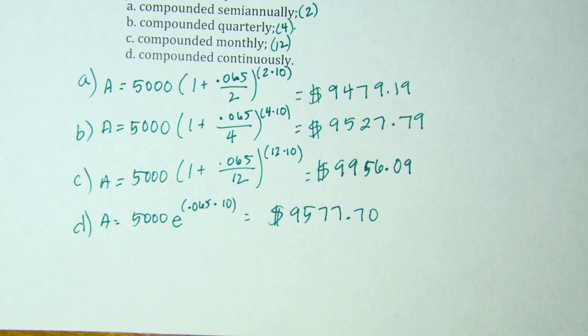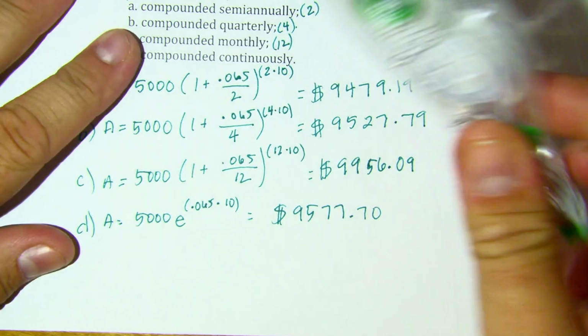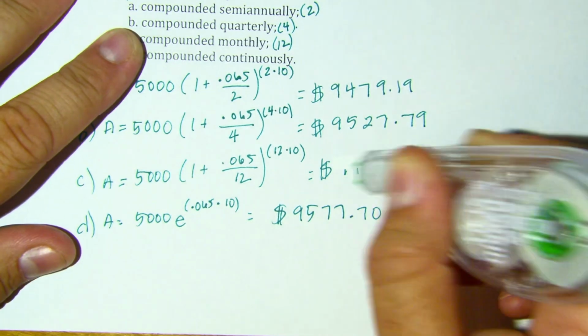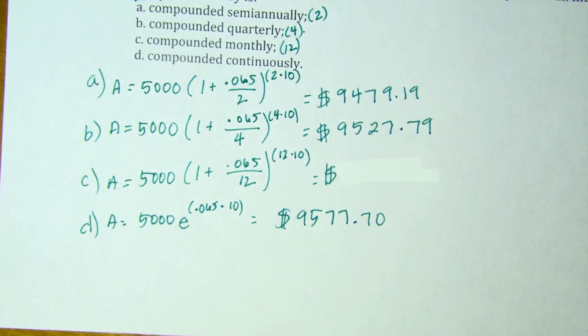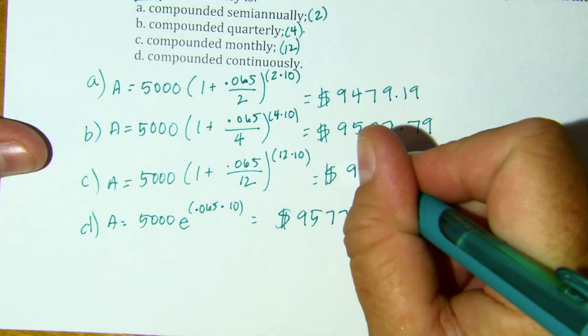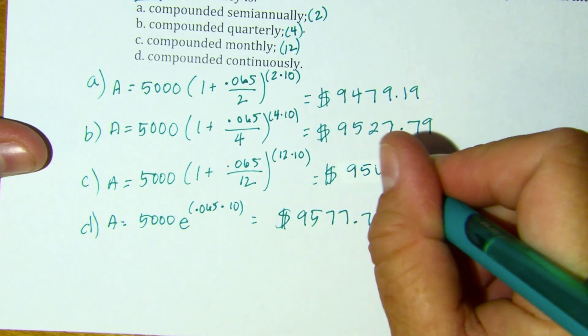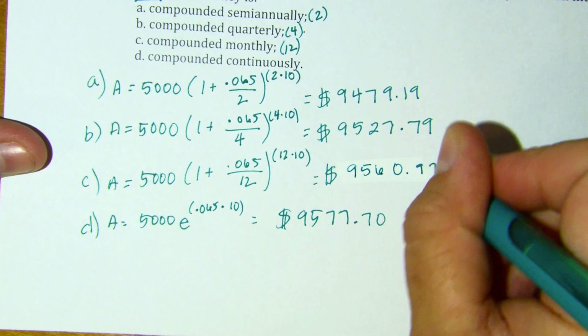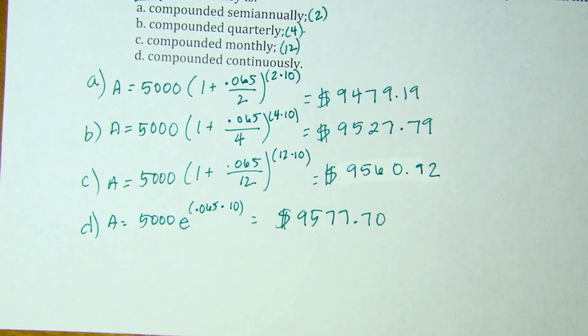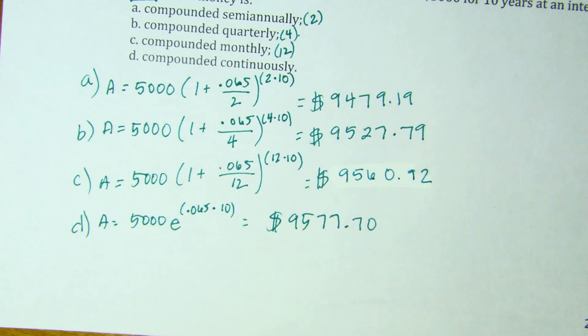Yep, that should have been $9,560.92. There we go. All right, so we can see that the amount we're earning each time is increasing with the more frequently we're compounding our money.